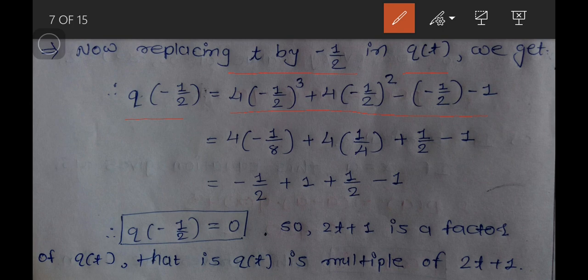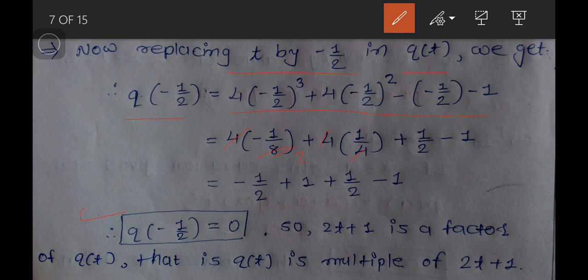So here 4 into minus 1 over 8 plus 4 into 1 over 4 plus half minus 1. Now divide it. 4 by 8 is half, 4 by 4 is 1. So here we get minus half plus 1 plus 1 over 2 minus 1. At last we get q of minus half is equal to 0.